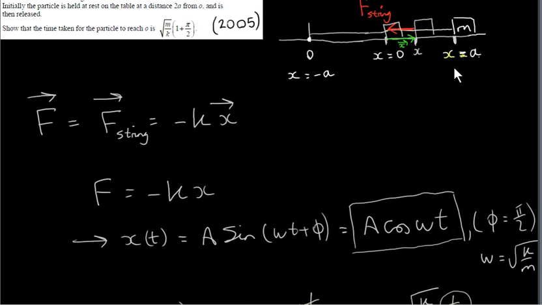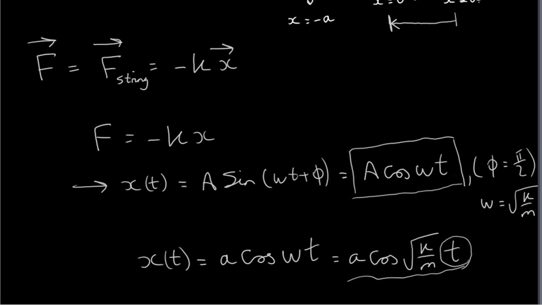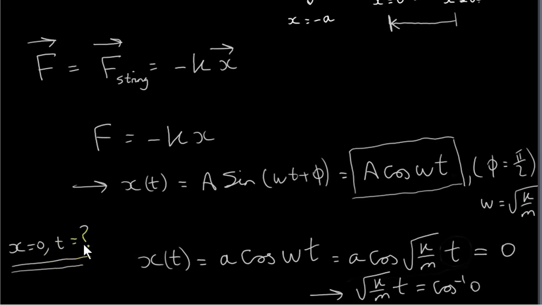Let's get the time taken for the mass to go from here to here. So what is the new position? It's x equals 0. So we set x of t equal to 0. We want to find the time when x is 0, so we put this equal to 0. We divide both sides by a. So we just get cos of root k over m times t equals 0.